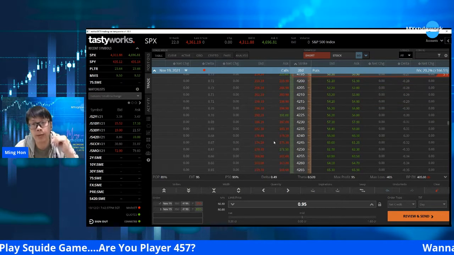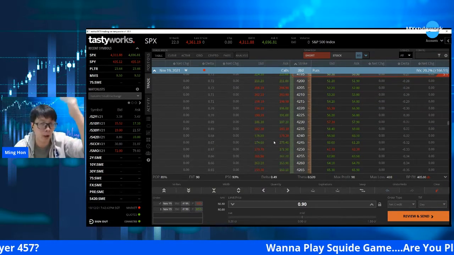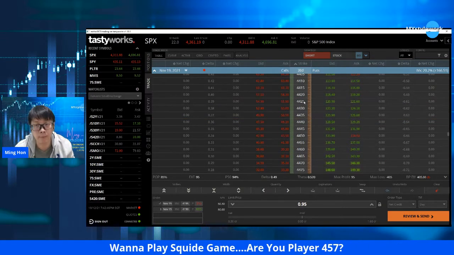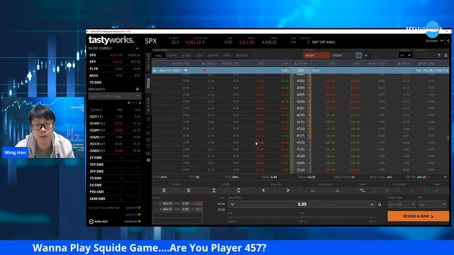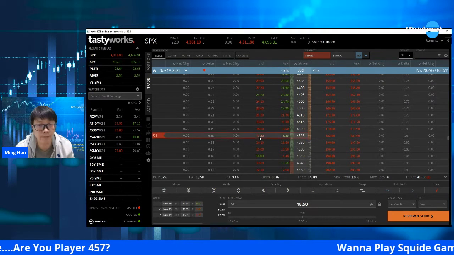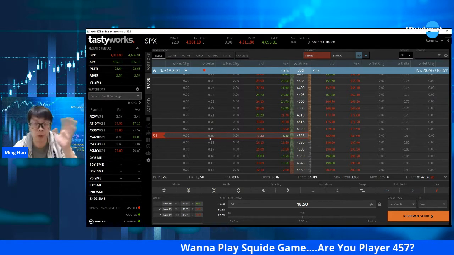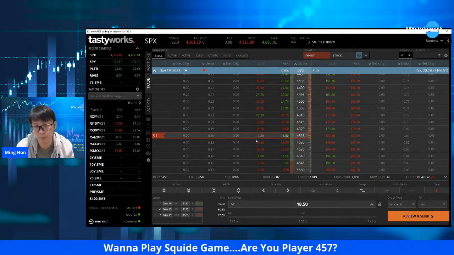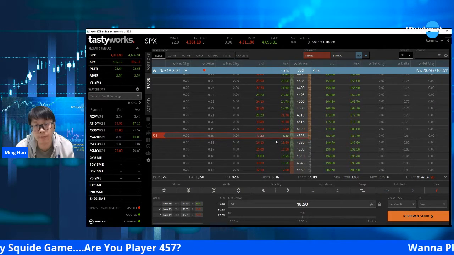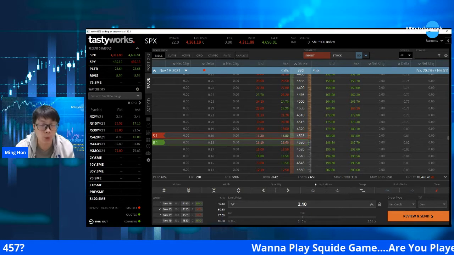Because I'm doing an iron condor, I need to do another leg on top. I will do the same. Find the brown bar towards the top. Find one here, which is 4525. The delta is 20. One standard deviation move normally will be around delta 20, more or less. Then I will sell 4525, buy 4530.